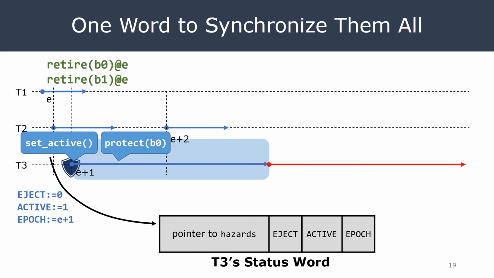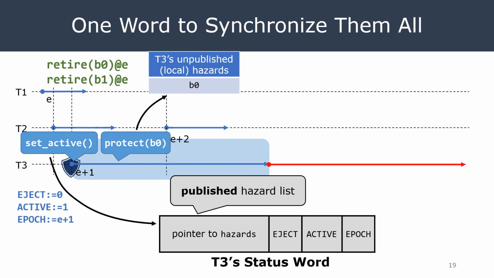So, instead of adding B0 directly to the hazard list, we can store B0 in a local hazard list first, and publish it later when it gets ejected. So after adding B0 to the local hazard list, T3 will check that it is not ejected.